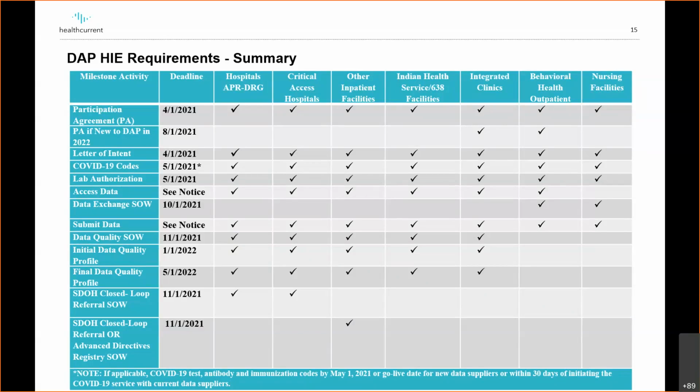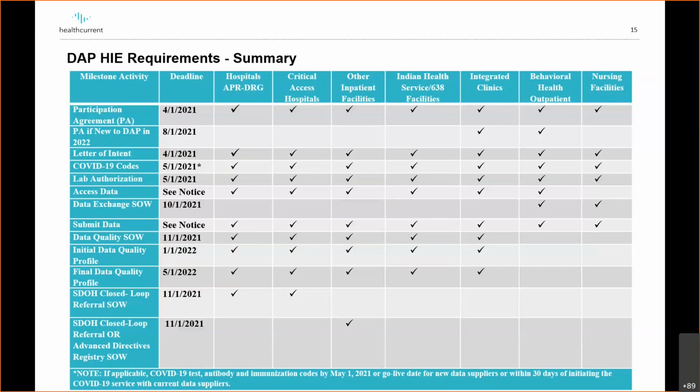And then of course, access to data, so our portal and alert services, submitting data to the HIE, and then completing that data quality scope of work, and then an initial data quality profile and your final data quality profile. So the integrated clinics, this isn't your first year, so again, those milestones continue to be progressive in integrating and the quality of data being submitted.